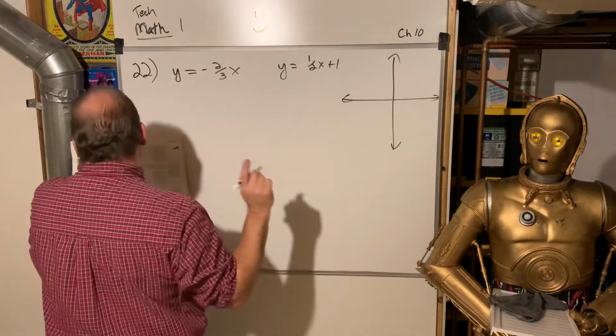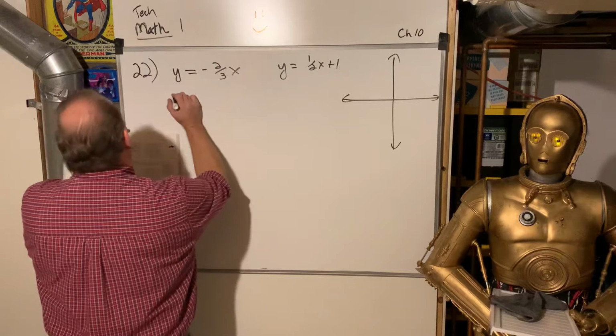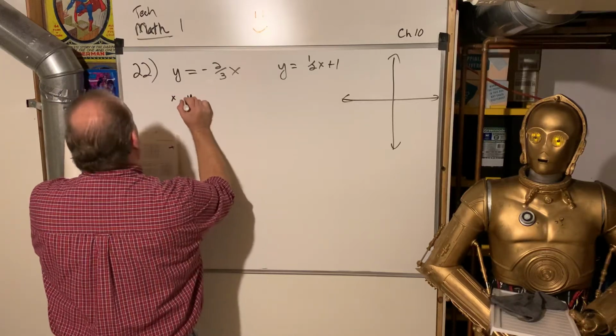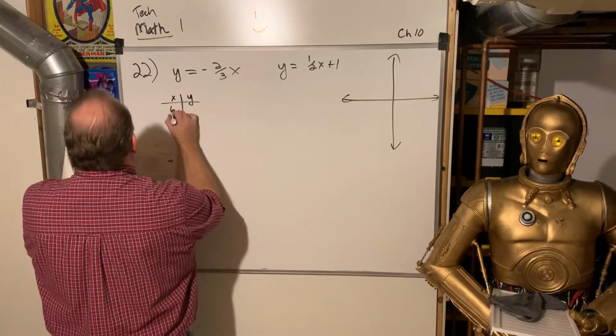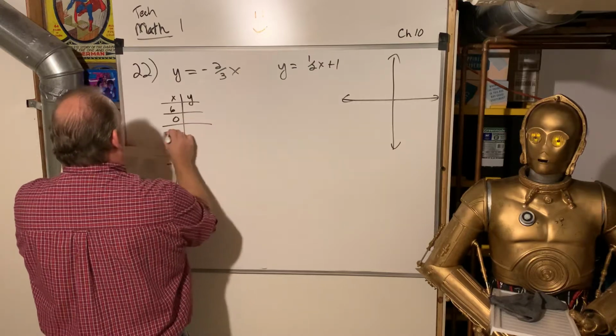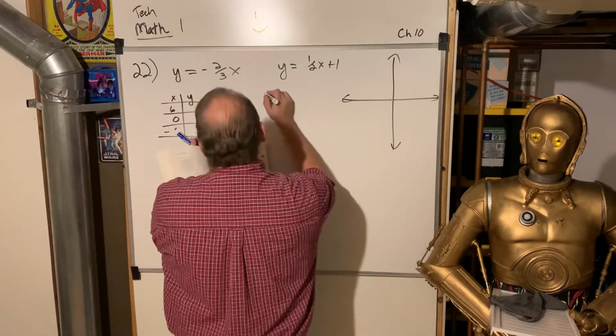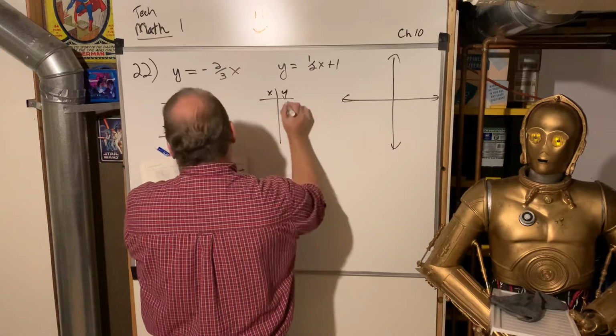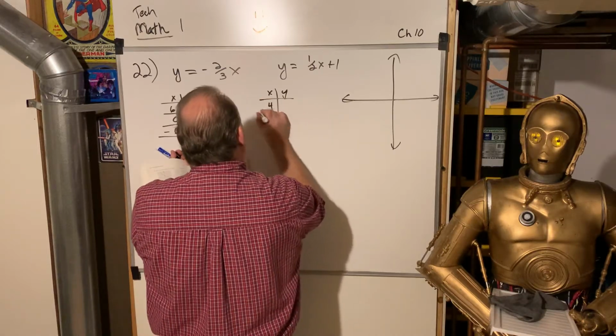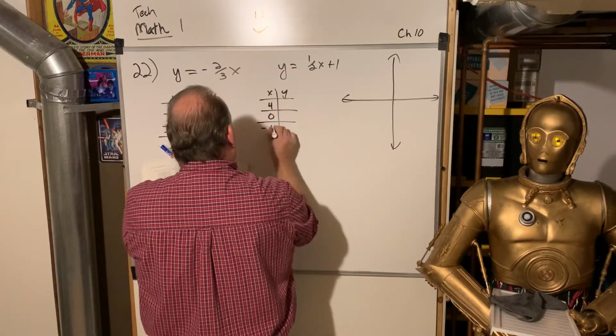And they have us building a table, but they gave us the x values for the table. So 6 and 0 and negative 6. And then on this XY table, they gave me 4 and 0 and negative 4.